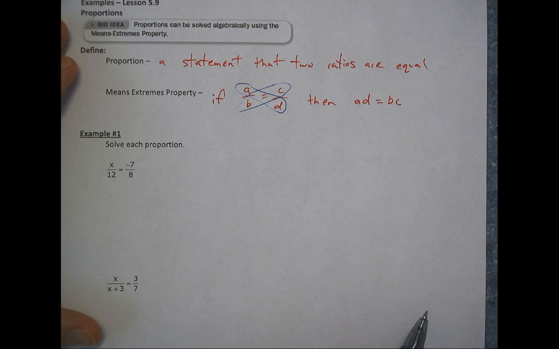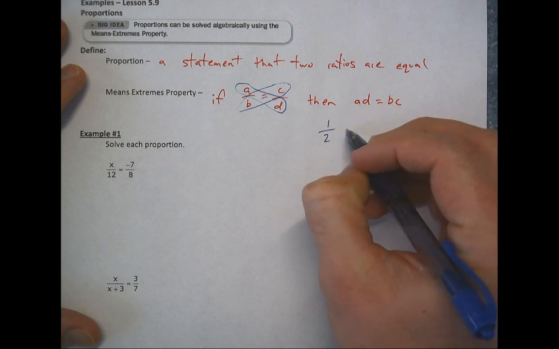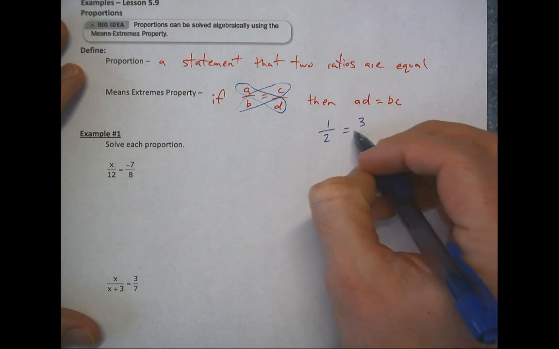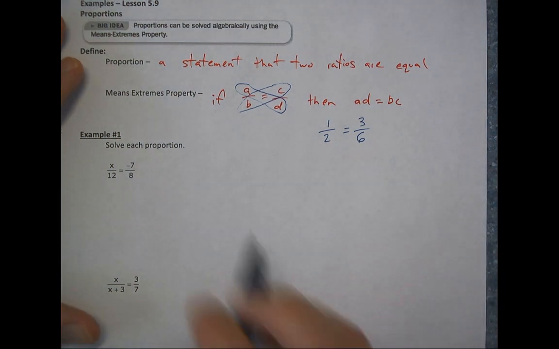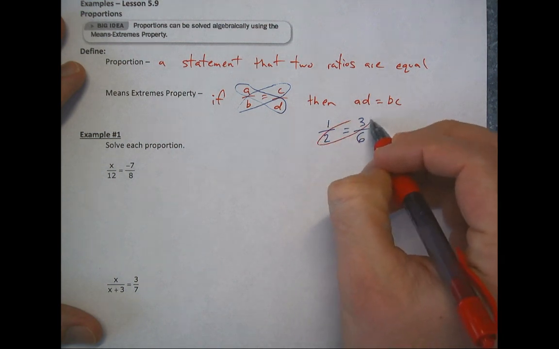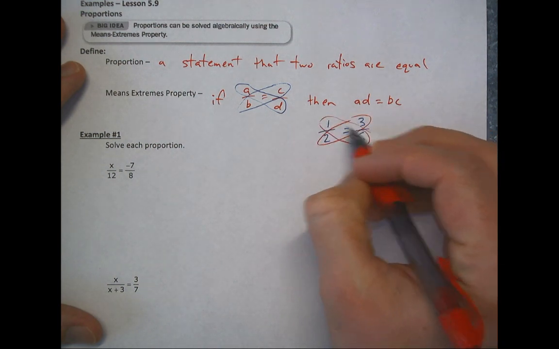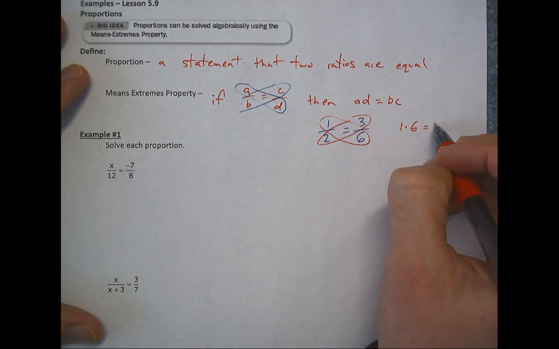Okay, so we're going to use that property to see if this works. So for instance, we know 1/2 is equal to, say, 3/6. Right? We know that's a true statement. So let's see if this property holds true. If we multiply the diagonals, 1 times 6 should equal 2 times 3.